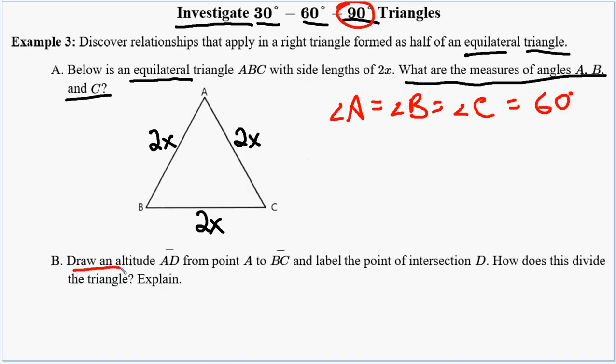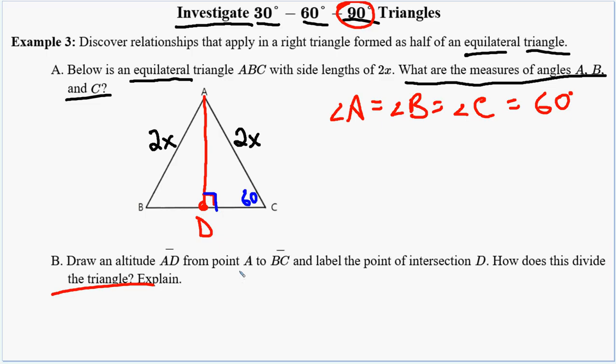B, draw the altitude AD from vertex A to side BC. So I'm going to get my red pen, and we're going to drop an altitude from A down to BC, and here is our right angle. Label the intersection point D. How does this divide the triangle? Well, it divides it into 2 congruent triangles, and also angle C will still be 60 degrees.